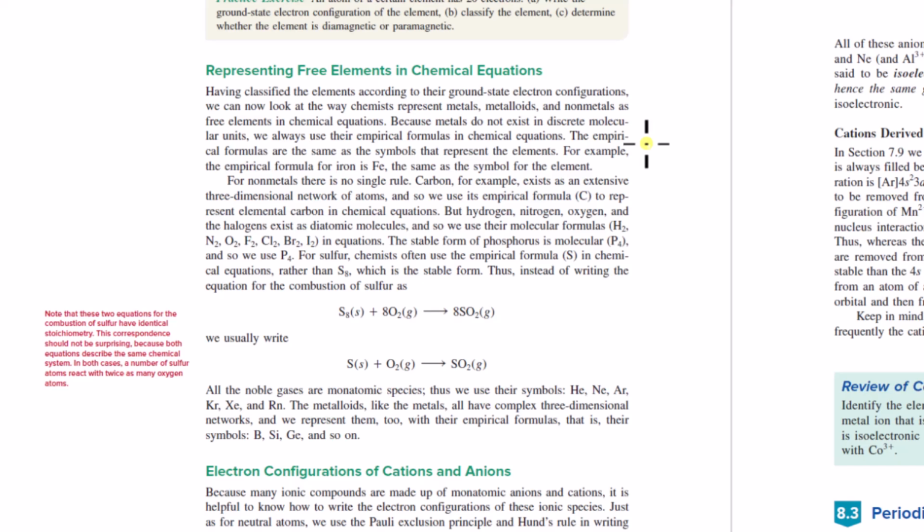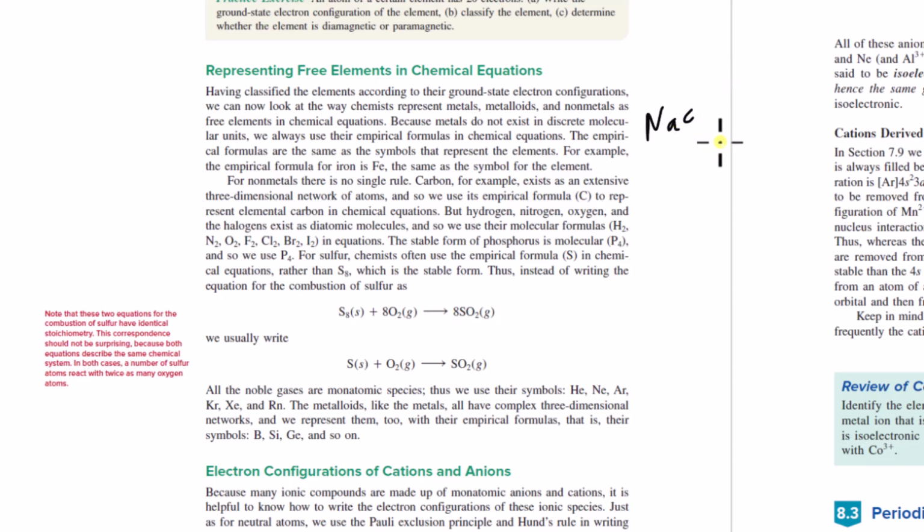That's why with ionic compounds, it makes no sense to say something like Na2Cl2. When it comes to crystal structures, you always use the empirical formula because there is no discrete molecular unit. It's just this infinite array. So you just say NaCl.